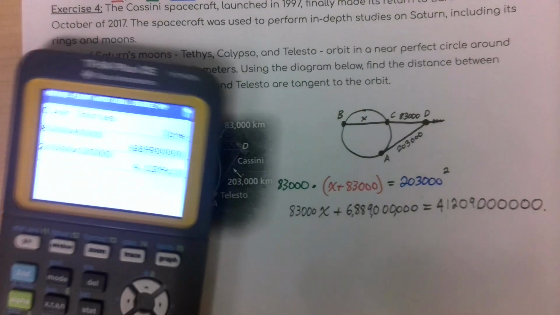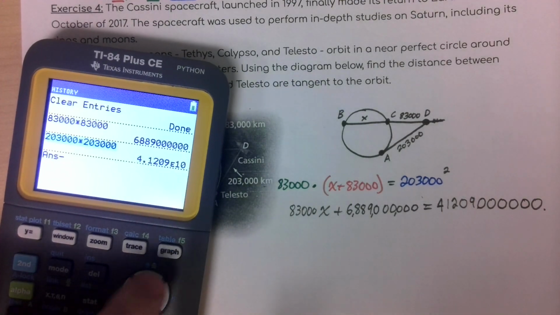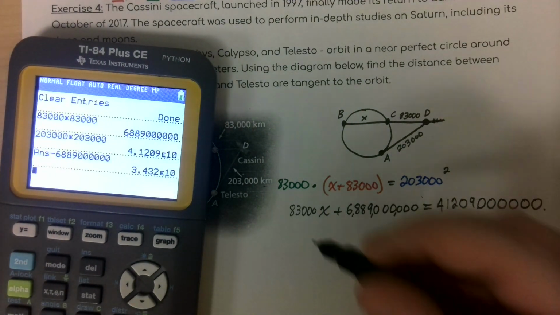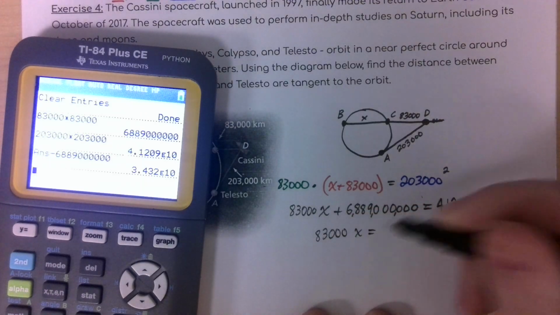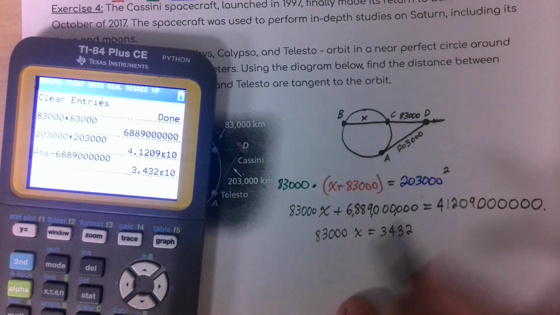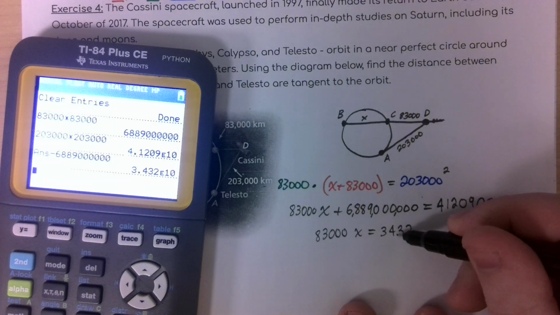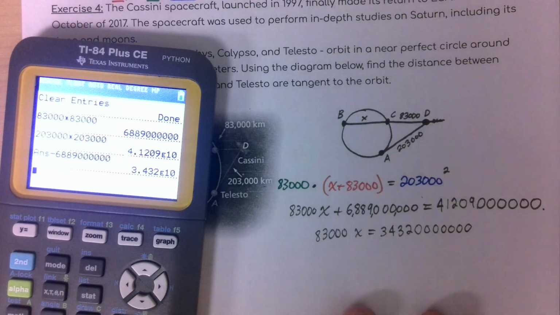Luckily, we have all this in our calculator still. So I'm going to just do this answer minus this. I don't need to retype it because I just selected it, to give us a much more reasonable number. Maybe not much more, but a marginally more reasonable number. Again, it's E10, so I have to move the decimal point 10 places. So 1, 2, 3, 4, 5, 6, 7, 8, 9, 10.